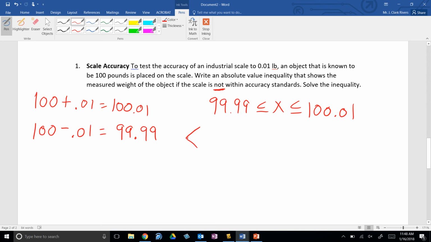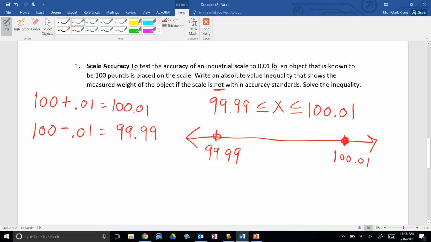Let's put this on a number line. We're going to have to zoom in a bit here. This is going to be 100.01. This is going to be 99.99. And we're allowed to be anywhere in between. Am I going to color in these circles? Yes, I do.